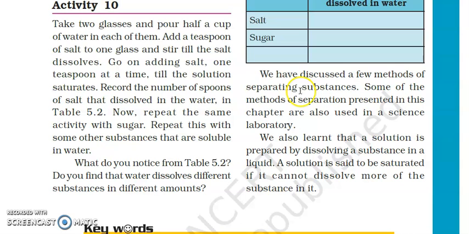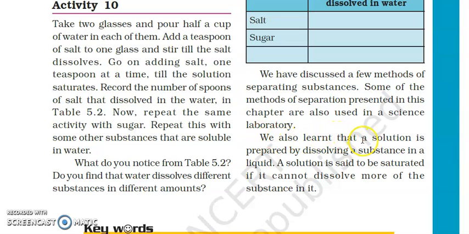So our chapter is over. The last paragraph of this chapter says we have discussed a few methods of separating substances. Some of the methods of separation presented in this chapter are also used in a science laboratory. We have also learned that a solution is prepared by dissolving a substance in a liquid.